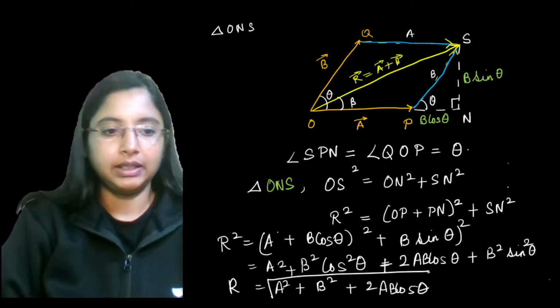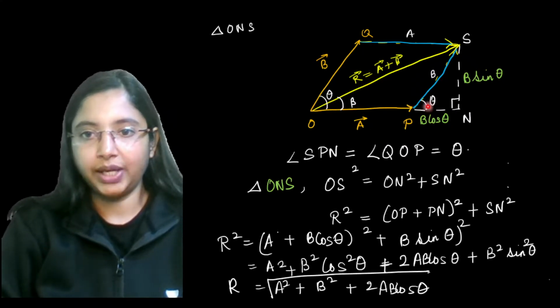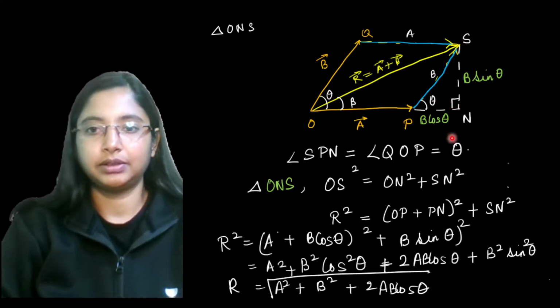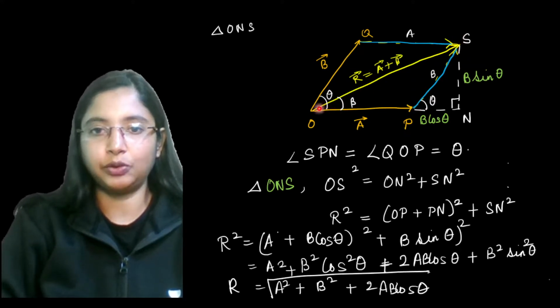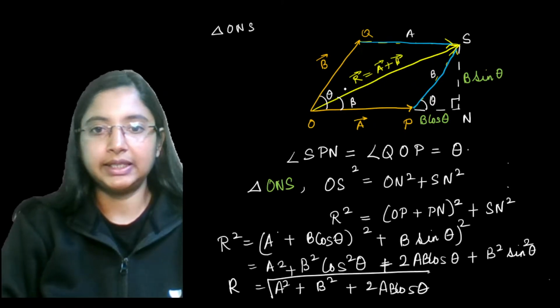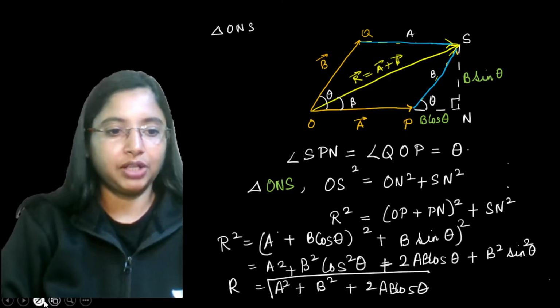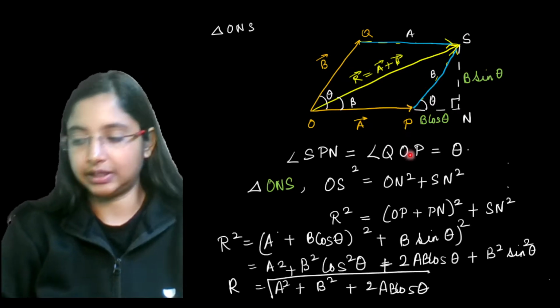We can say this final vector is because of this vector plus this vector. Those two together produce the final resultant vector. So if you want to find the direction of this, we have to make sure that we take this side of the triangle and this side of the triangle into consideration.